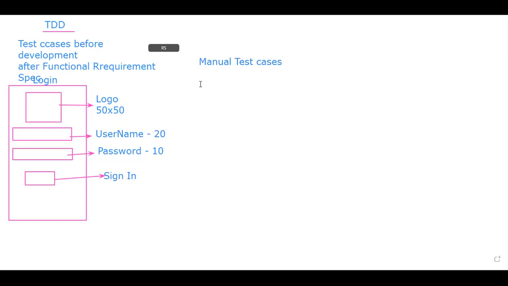So manual test cases means based on this, like two fields, one image and a button, what are the different testing scenarios we can imagine? The first is the logo is in center.